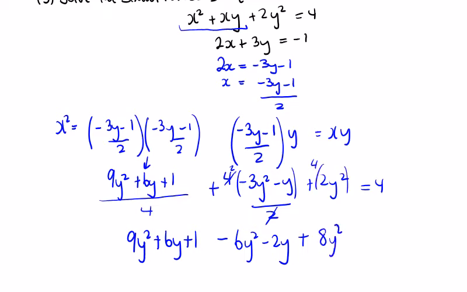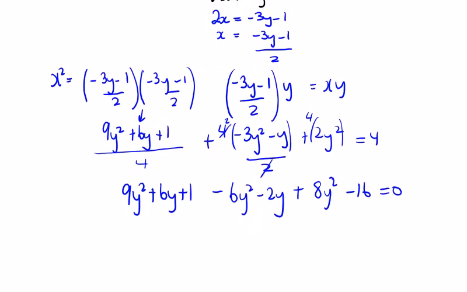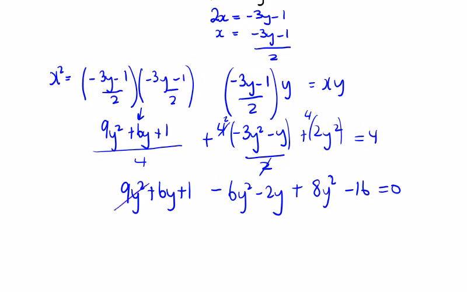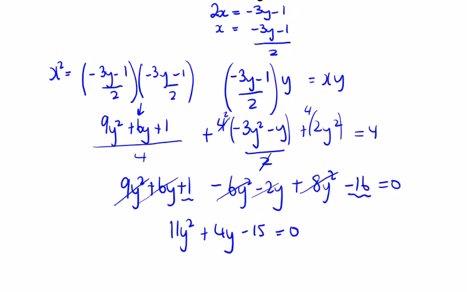Then we need to form a quadratic here, so I'm going to bring the 4 across. It'll be a minus 4 times 4, minus 16 equals 0. So I have 9 plus 8 is 17 minus 6 is 11y squared. I have 6y minus 2y is plus 4y. And I have a 16 and a minus 16 and a plus 1, minus 15 equals 0.